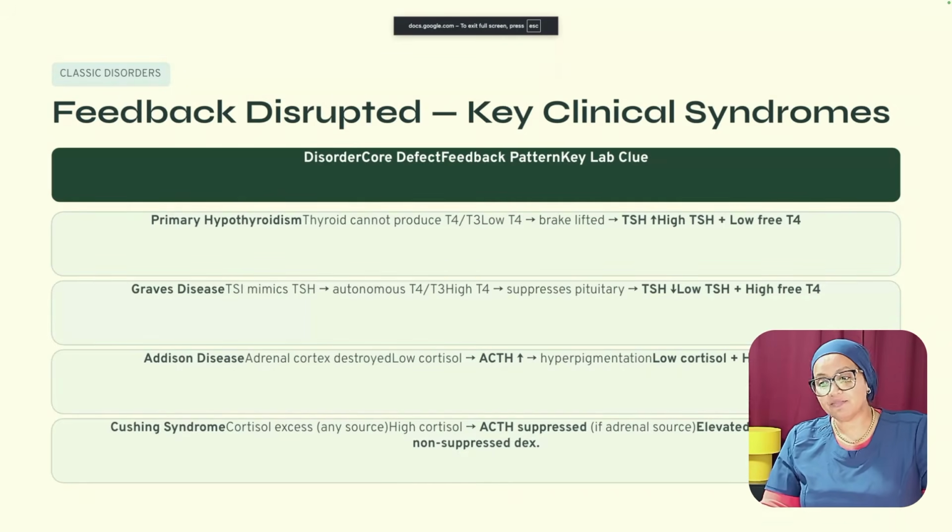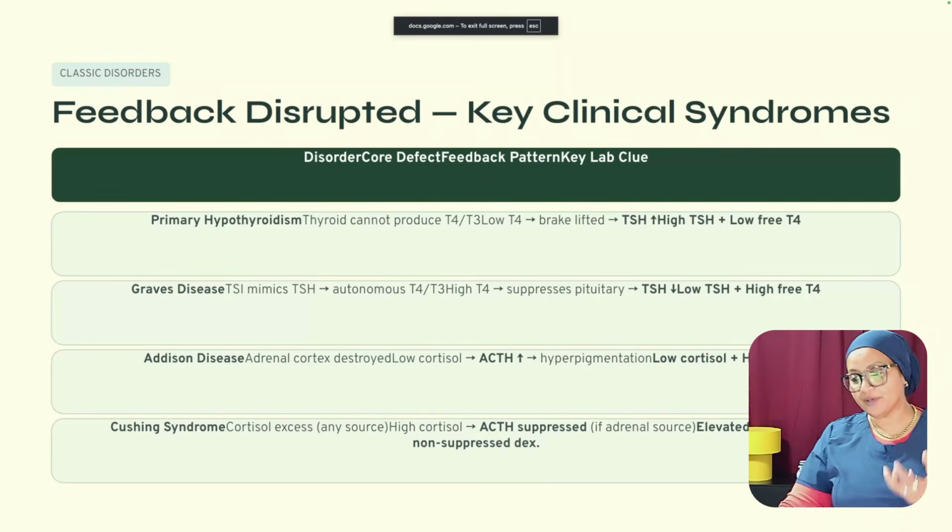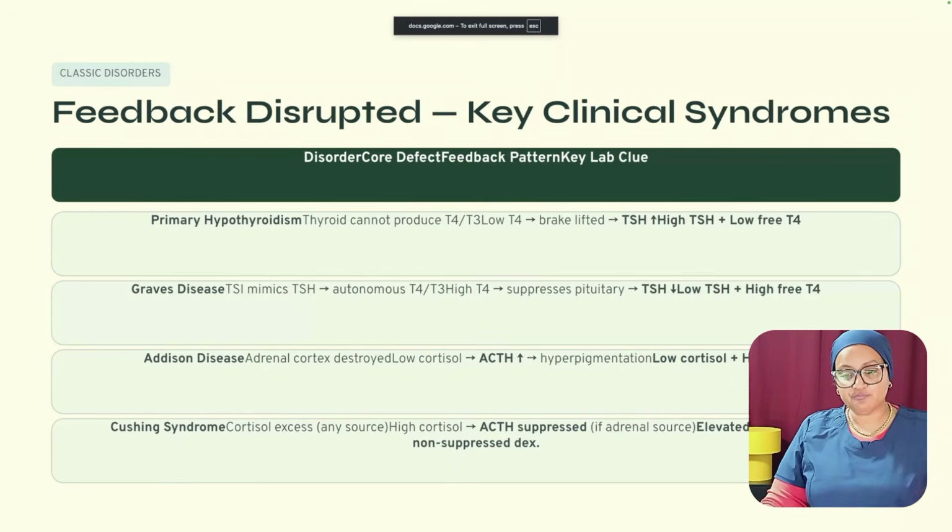This is called primary hypothyroidism, and it's a hyposecretion state. The opposite is Graves' disease, for example, which is excessive production of thyroid hormones leading to excessive suppression of TRH and TSH, and so on.